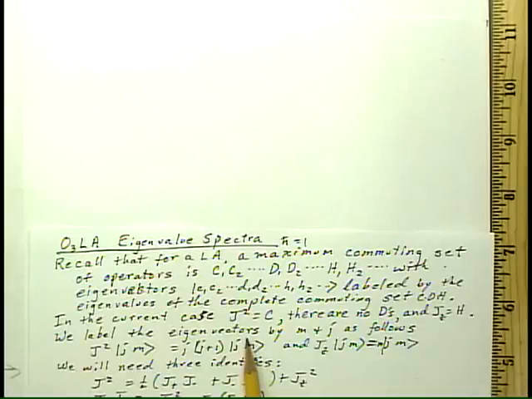We therefore label the eigenvalues by two variables, m and j, as follows. We let the eigenvalue of the J squared operator be represented by a j when the eigenvalue is j times j plus 1 back times the state again.